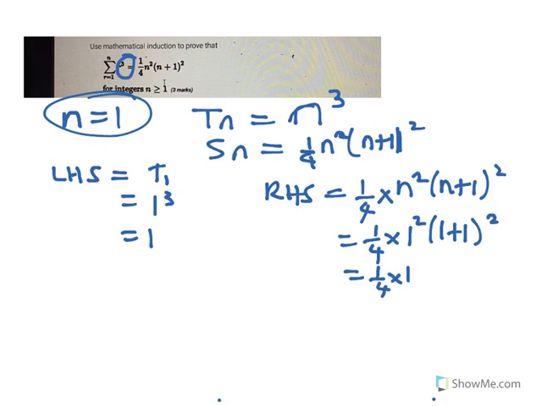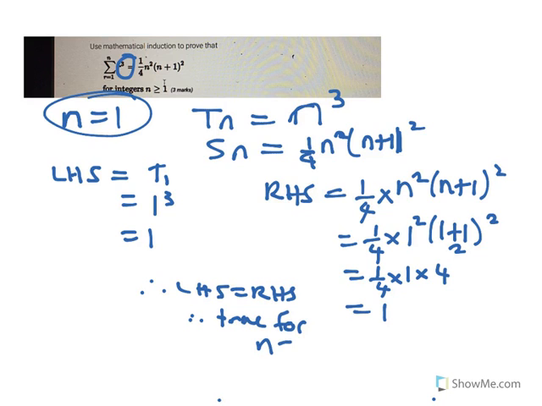So it's a quarter times 1 times 4, because 2 squared is 4, which is 1. So therefore, left-hand side equals right-hand side. Therefore, it is true for n equals 1.